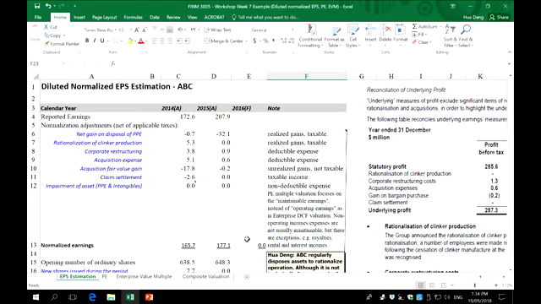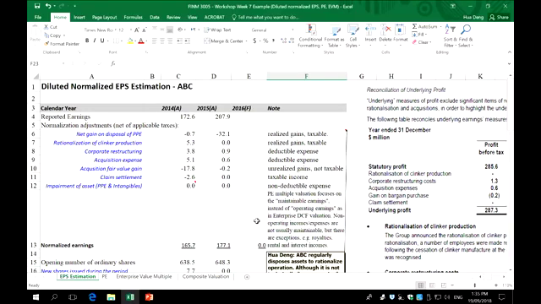In the first spreadsheet, I have a layout of how we're going to do the normalized earnings. With normalized earnings, try to clear your thoughts. We're not dealing with enterprise valuation now.